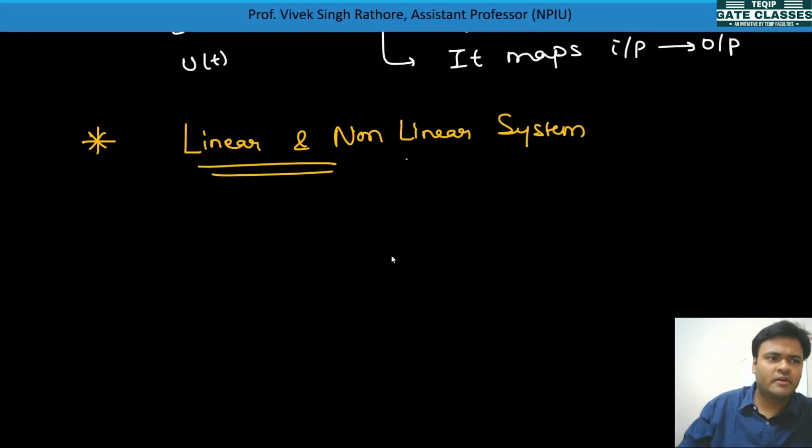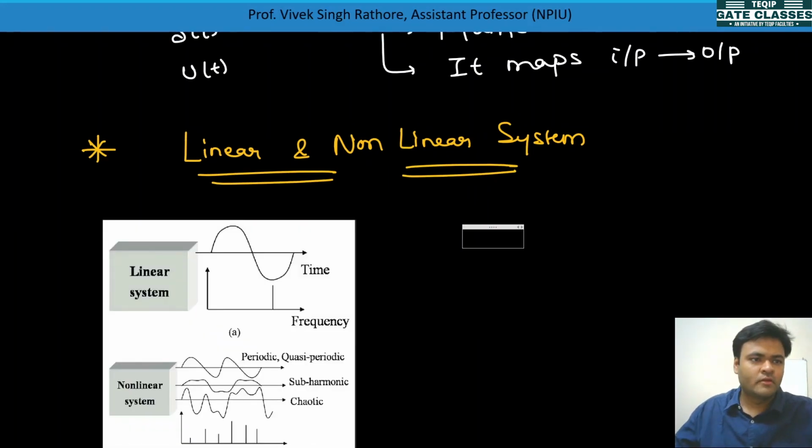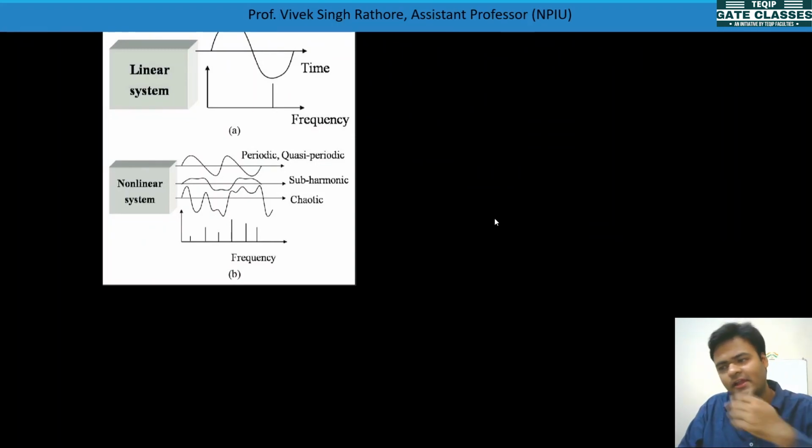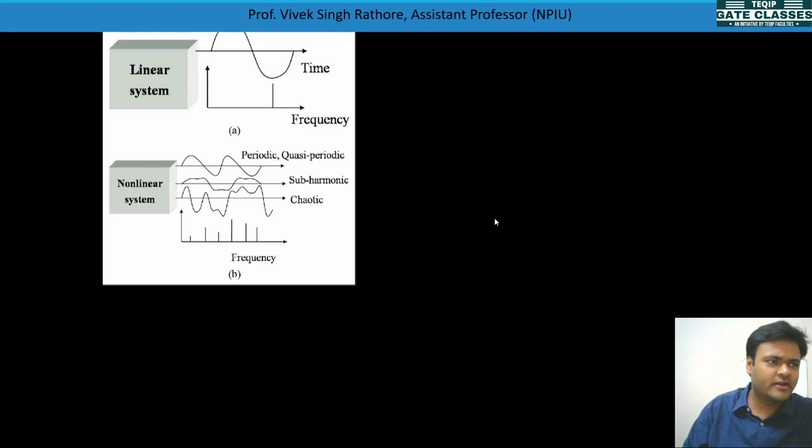You can see from the figure also, and from the diagram only you can understand how a linear system works and how a non-linear system works.